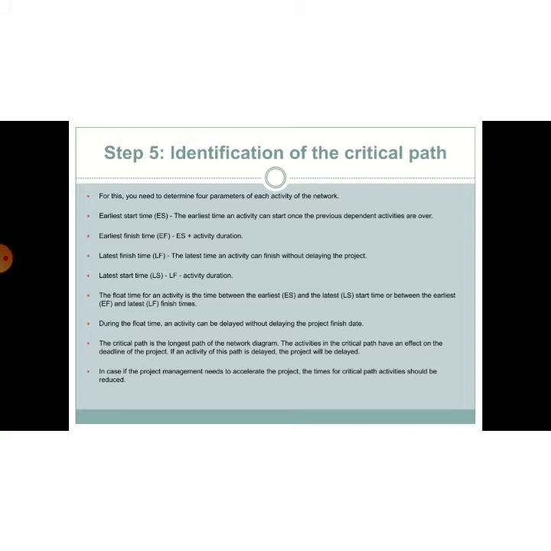To identify the critical path, you need to determine 4 parameters of each activity of the network. The first one is earliest start time. The earliest time an activity can start once the previous dependent activities are over. Then the earliest finish time. You can find it by adding earliest start time with activity duration.